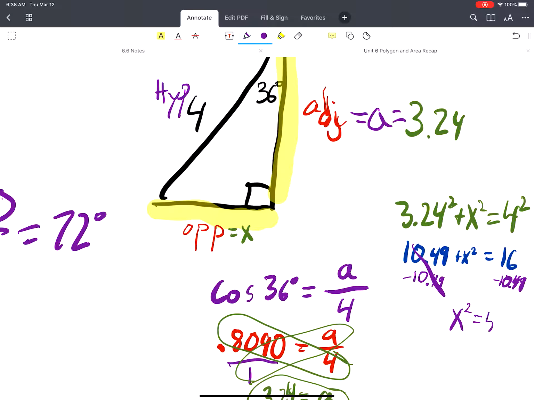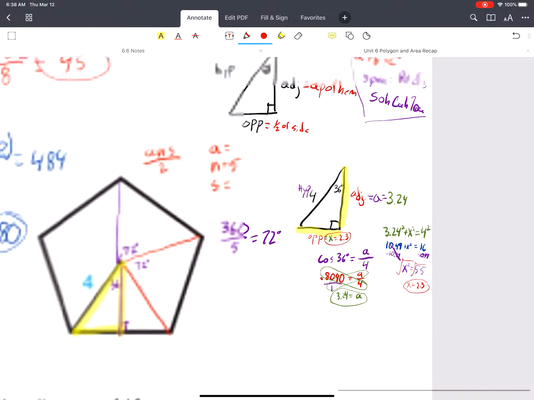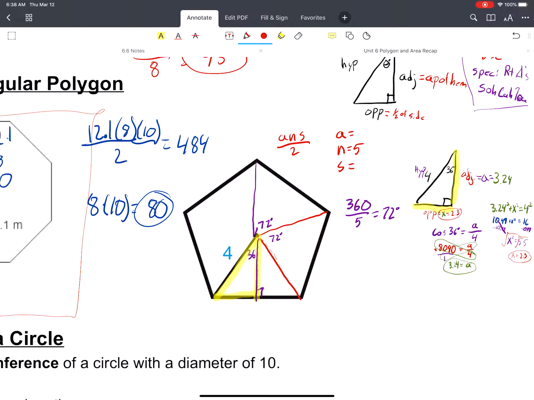We get 5.5. And when we take the square root of that, we'll get about 2.3. So if my x here is 2.3, that means that what we just found here is half of the side length.